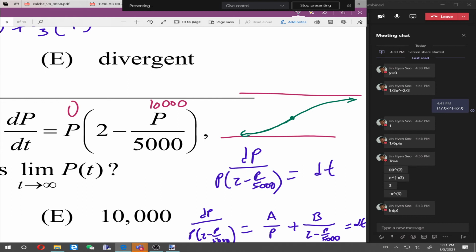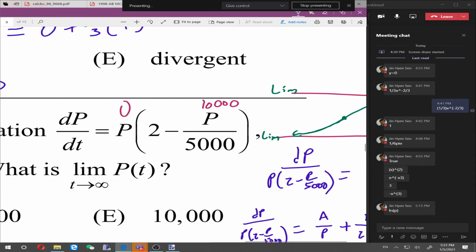So we call that a logistics equation, where it's an equation defined by upper and lower limits that models population growth in real life. We're approaching the upper limit when our population approaches 10,000, which we can see because the slope of this graph, when our population approaches 10,000, is approaching 0.